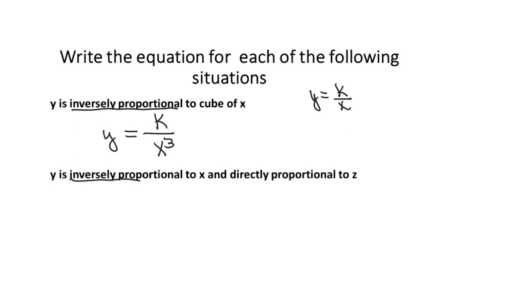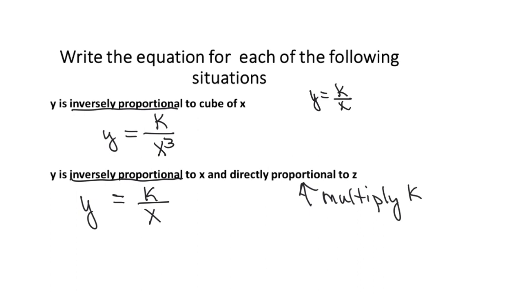So y is inversely proportional to x is going to be y is equal to k over x, and directly proportional to z. If something is directly proportional, that means that you are multiplying that variable times k. So we are going to put that variable on top because it is directly proportional to z.